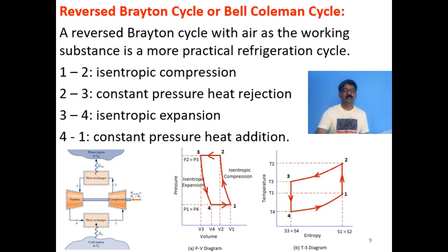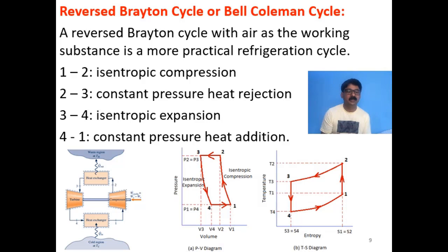Now coming to the reverse Brayton cycle, or Bell-Coleman cycle, as the refrigeration cycle. Bell-Coleman cycle is another name for the reverse Brayton cycle. Now you can see the three diagrams at the bottom. One is the schematic diagram of the reverse Brayton cycle.